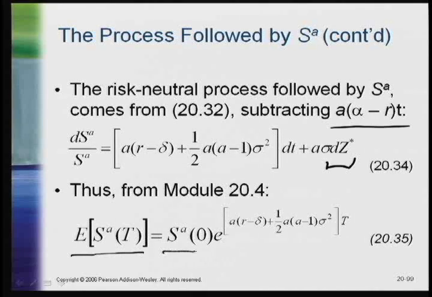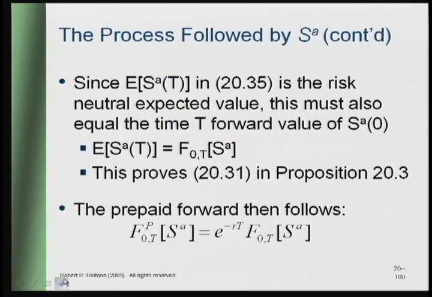Well, it's the value at time 0 times e raised to the drift power. And so from that, we now have the expected value at time t, under the risk-neutral process, of the a-th power of s at time t.